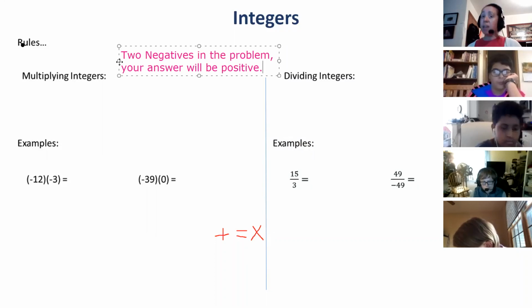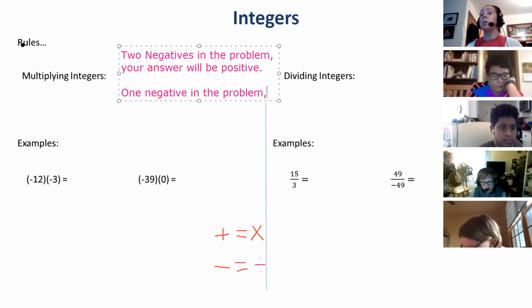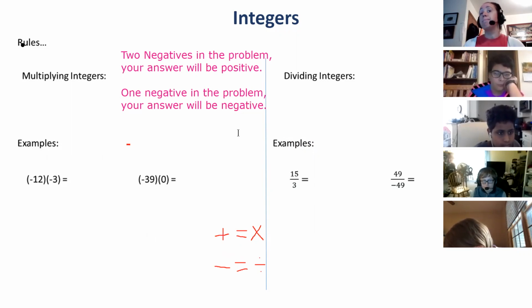If you have one negative in the problem, your answer will be negative. That's it. Two negatives in the problem, your answer will be positive. One negative in the problem, your answer will be negative.